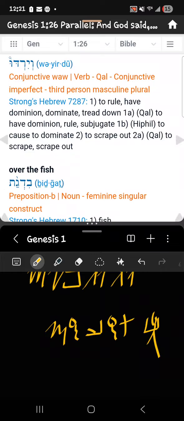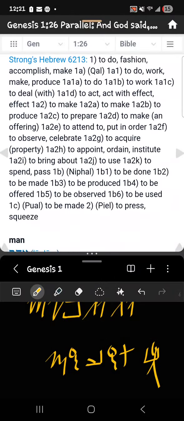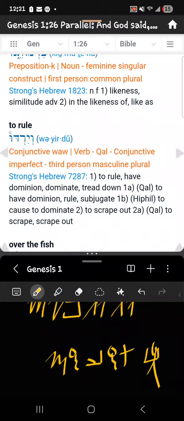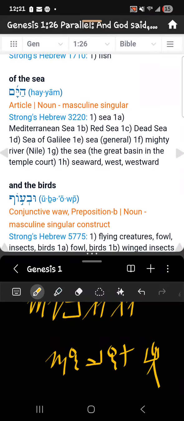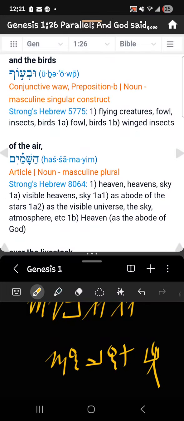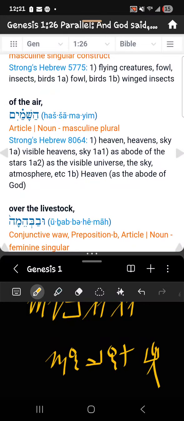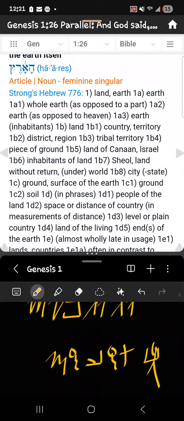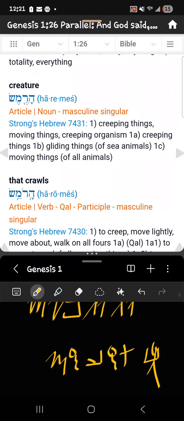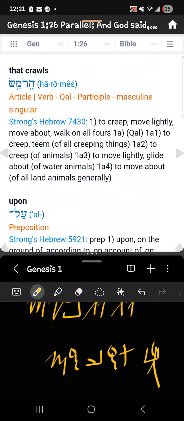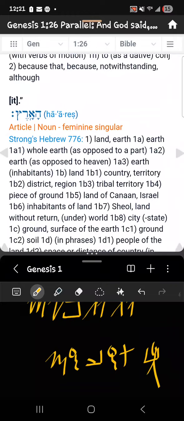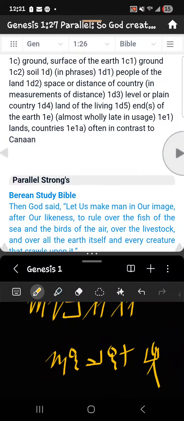You rule over the fish. You gotta rule over the fish. So let us make man in our image after our likeness to rule over the fish of the sea and the birds of the heavens, over the livestock and over the earth itself, and every creature that crawls upon the earth.